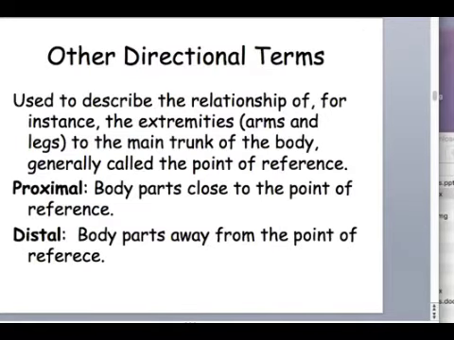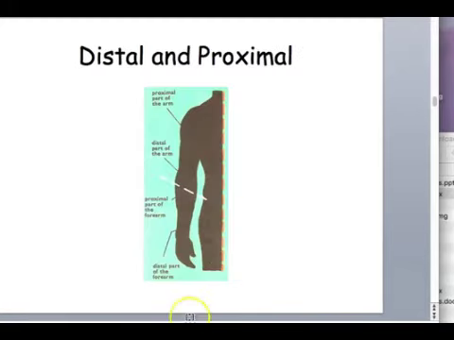Okay, other things. So when we're going down the long bones and we're comparing things in reference, we can talk about something being more proximal or more distal. So your most distal phalanx, let's look at this as an example. Your phalanges are your finger bones and your toe bones. So your distal phalanx is the one at the very end because there's nowhere else to go.